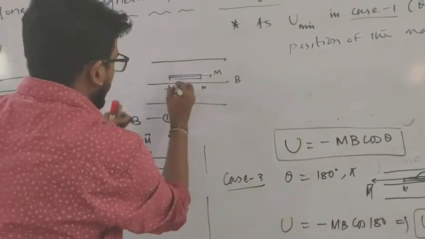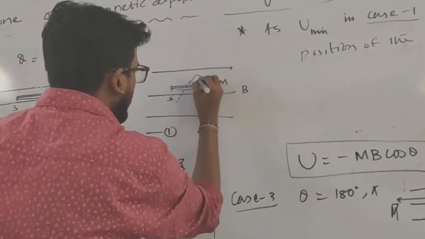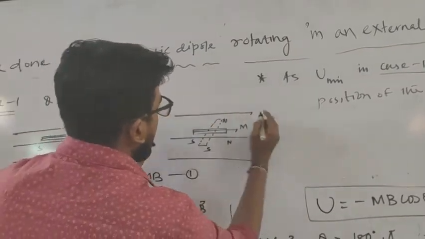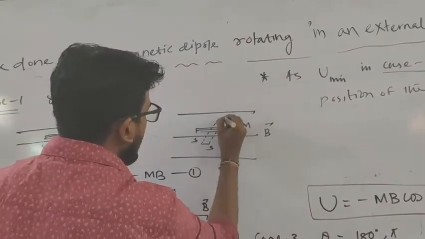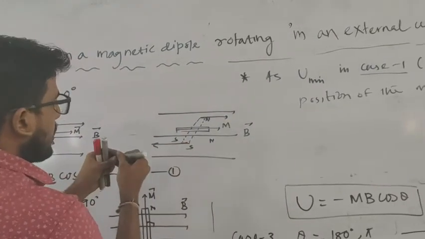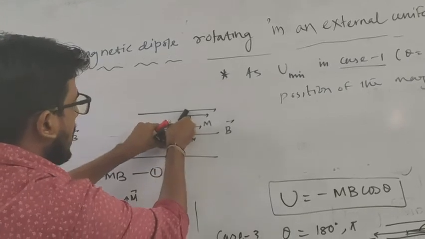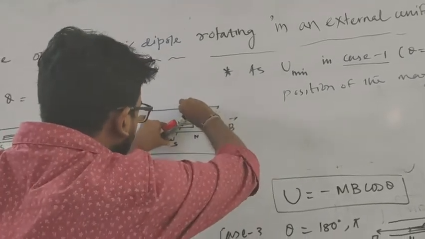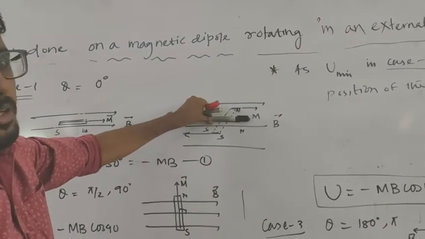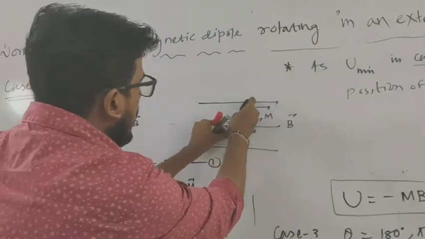So if we rotate or disturb this dipole to this place, here will be the north pole and here will be the south pole, as the magnetic field is along this direction. So the north pole will experience a force along this and the south pole will experience a force along this. So if it is initially like this and it rotates like this, this force and this force again try to bring the dipole to its initial position. That's why this dipole will remain in what?